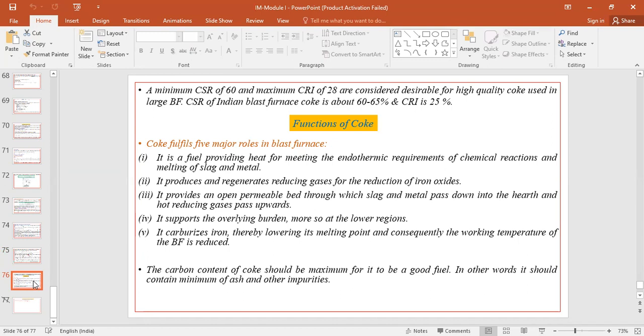As far as the Indian blast furnace is concerned, CSR, that is the coke strength after reaction, should be about 60 to 65%, and CRI around 25%. That could be better for the Indian scenario.